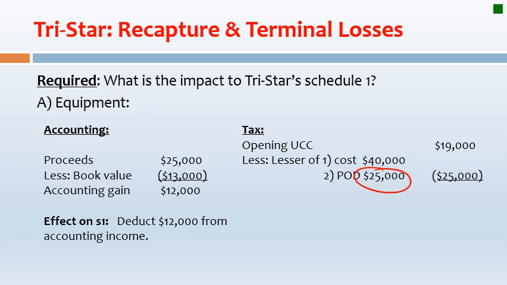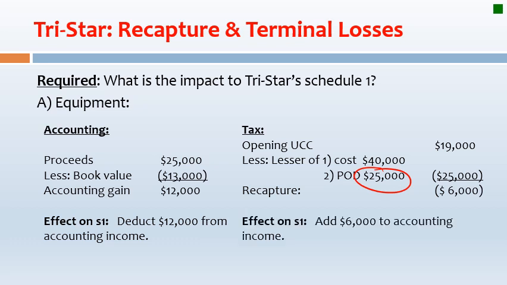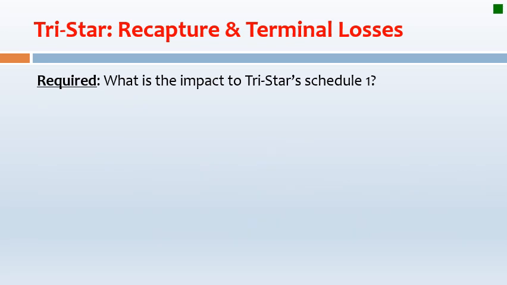What happens here? We create a negative number and recapture of $6,000. As stated before, recapture is going to be added back on our Schedule 1. We're going to add $6,000 to accounting income on the Schedule 1, and those are the effects of the transactions involving the equipment. Let's take a look at the truck next.